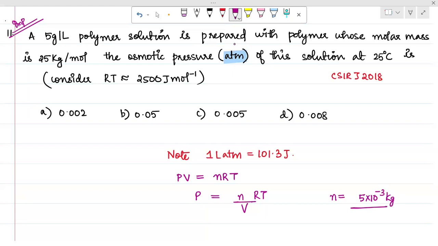How to find the number of moles? It is the given mass by molar mass. Correct. So this is 25 kilograms per mole. So kilogram gets cancelled. Mole comes to the top. So this is 0.001 divided by 5 it is.